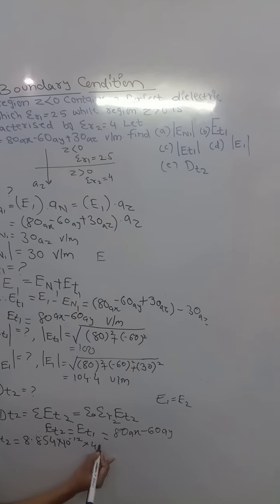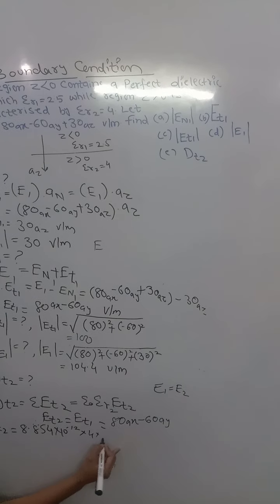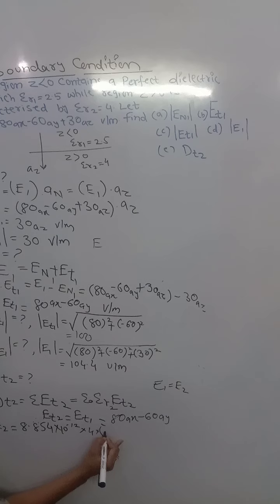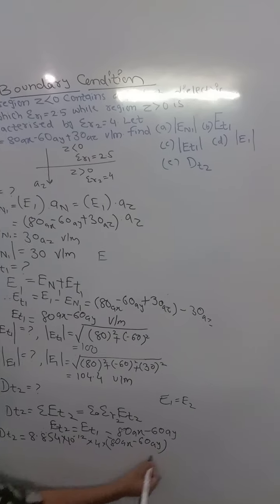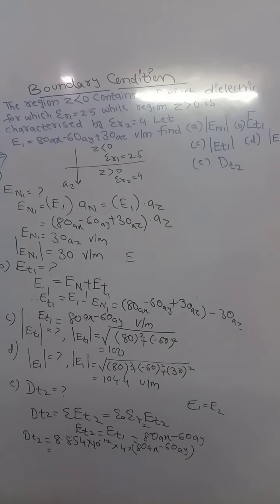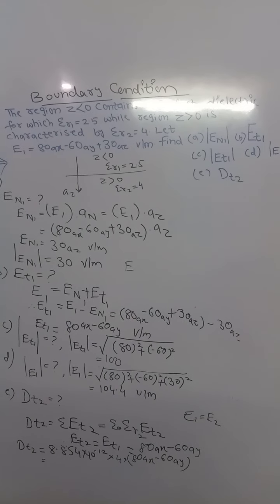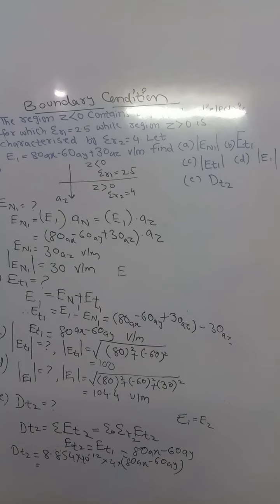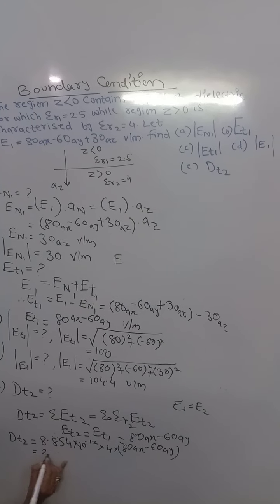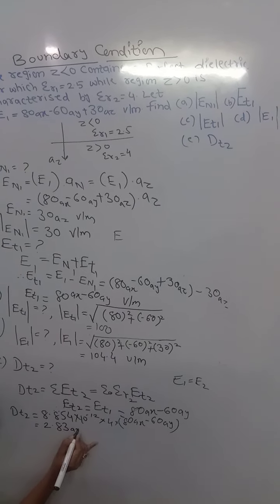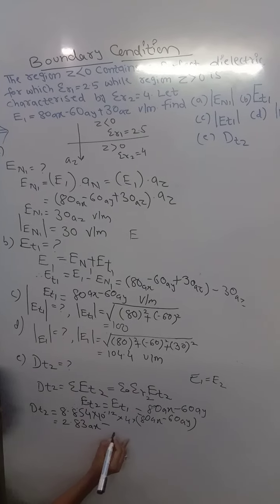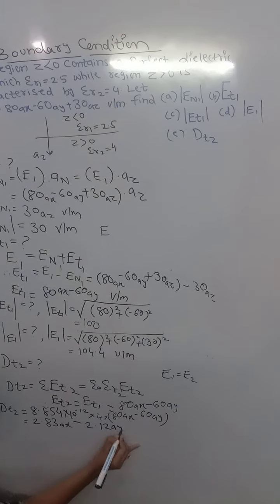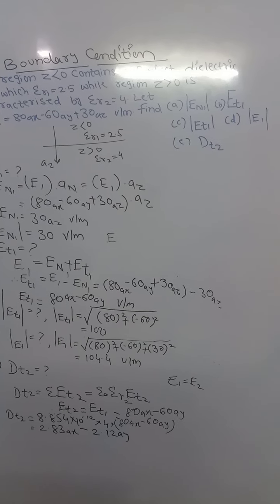So it is 4 times the entire equation 80AX minus 60AY. Multiplying the entire equation, you get the vector equation as 2.83AX minus 2.12AY minus 2.12AZ.